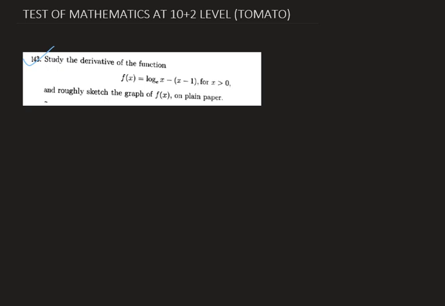We have to study the derivative of f(x), which is log x (log base e) minus x minus 1, for all x greater than 0, and you have to roughly sketch the graph of f(x) on paper.